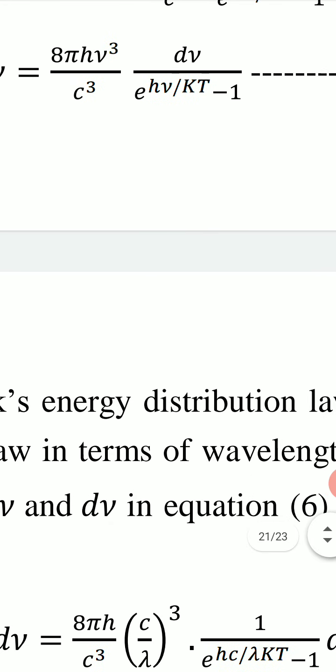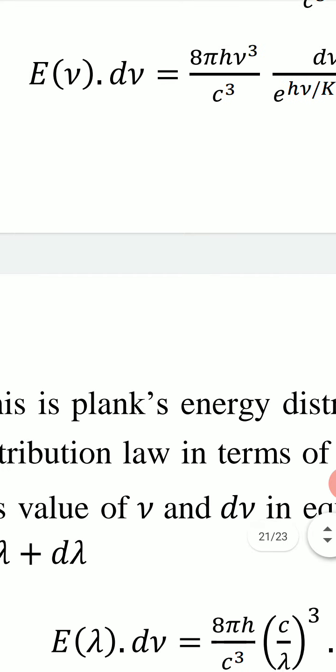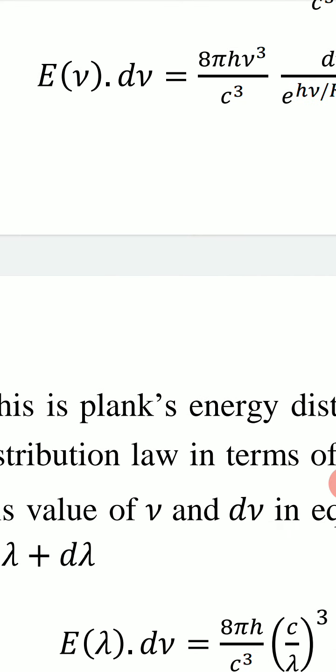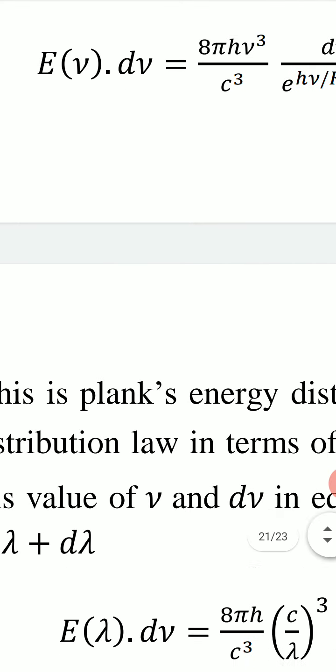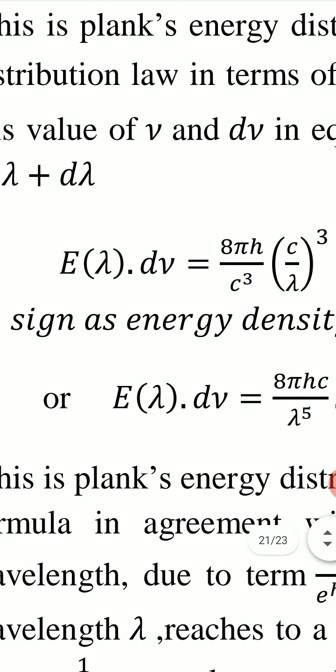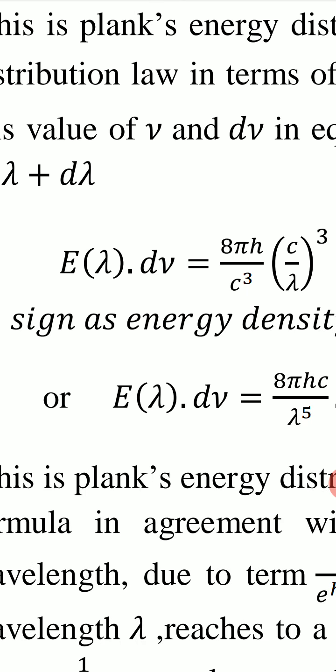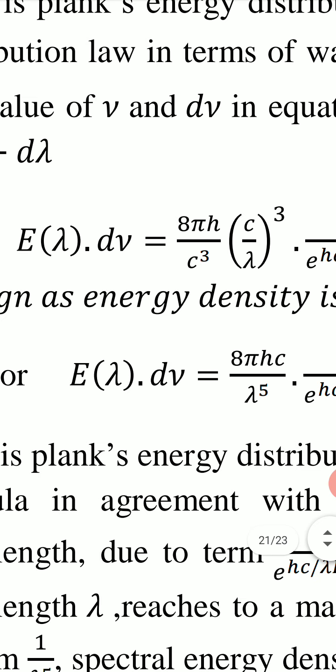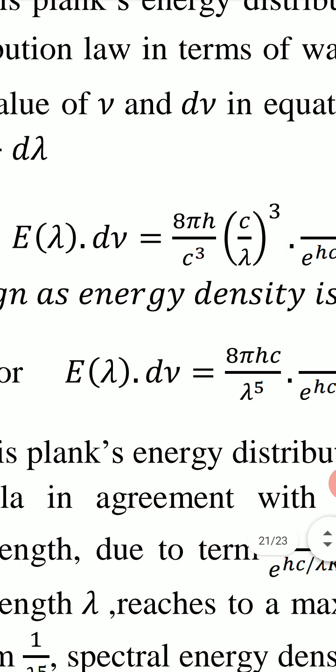Then this will give the energy density in terms of wavelength lambda, and then we write E lambda d lambda in place of E nu d nu. So this will give E lambda d lambda. Correct this, it is not E lambda d nu, it is E lambda d lambda. It is also energy density, but it is for wavelength range lambda to lambda plus d lambda.